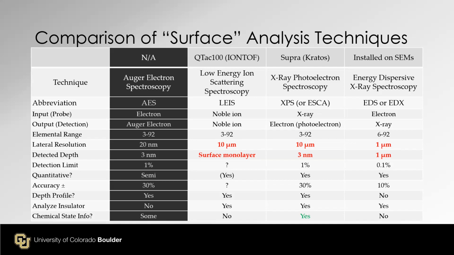So micron-ish, depending on the imaging parameters we choose. 1 micron deep, yes, it's deep. This is why EDS is not considered a surface sensitive technique, but depending on whom you are talking to, it is surface enough.